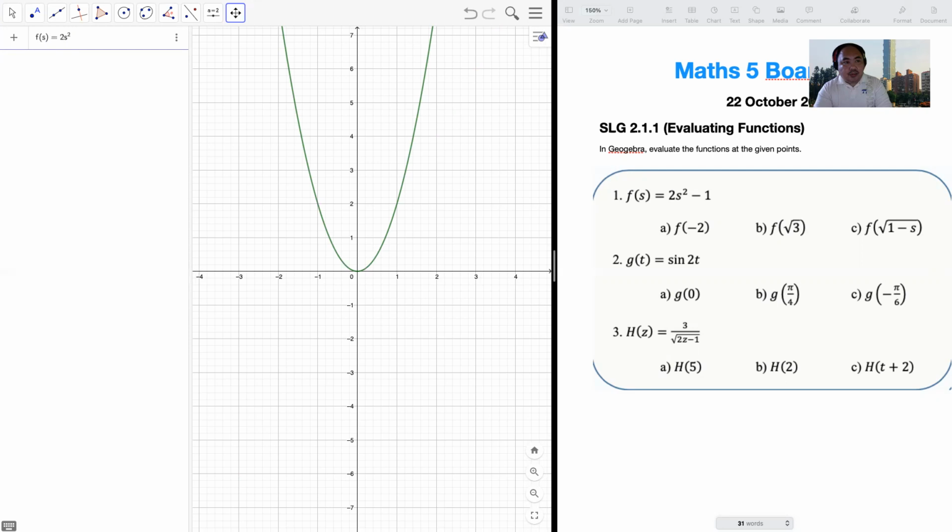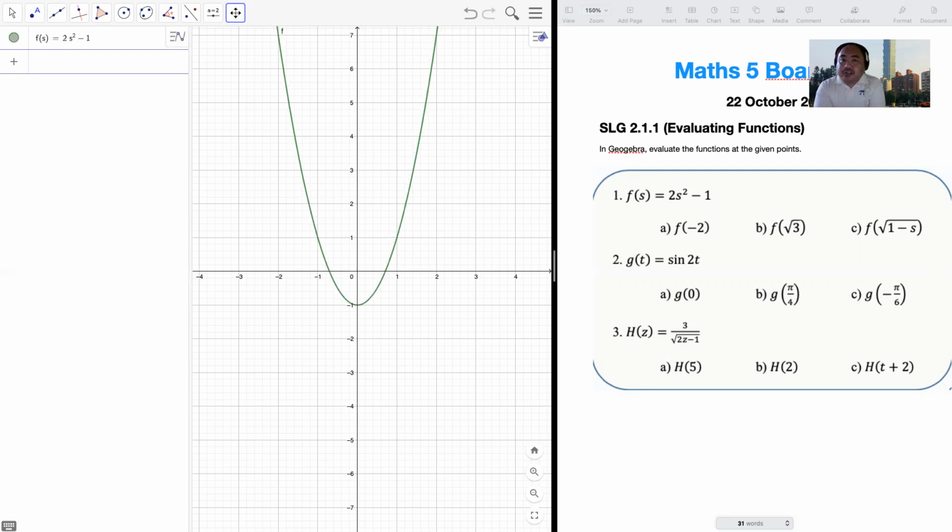You will see a trace of a parabola because 2s squared minus 1 will show you a quadratic function. And you are asked to evaluate this quadratic function on three different points: -2, square root of 3, and an expression, square root of 1 minus s.